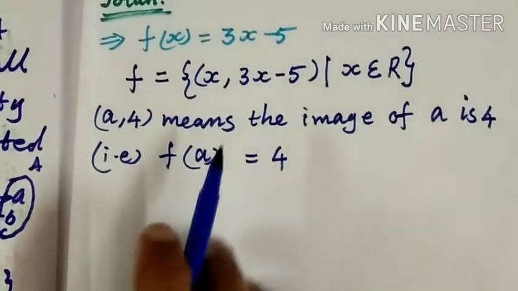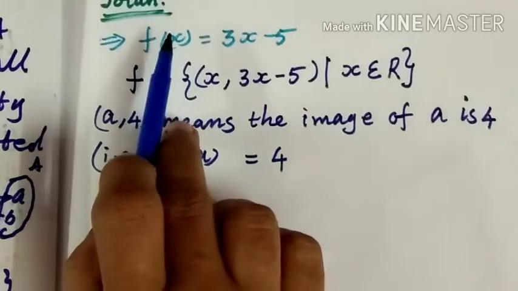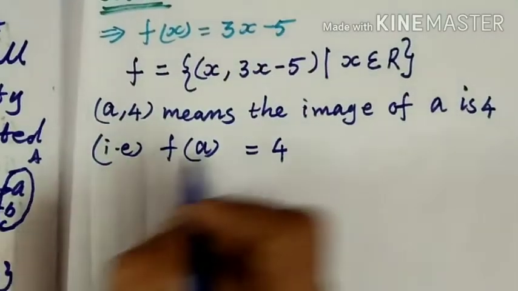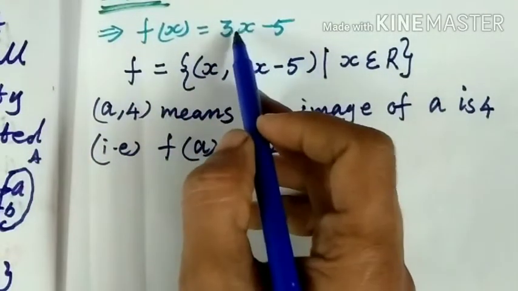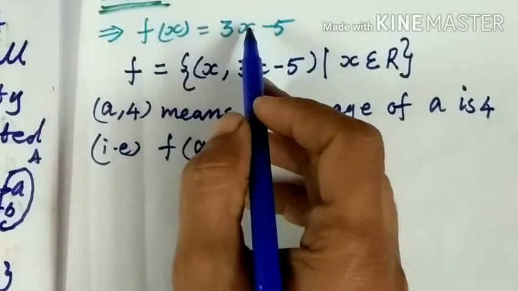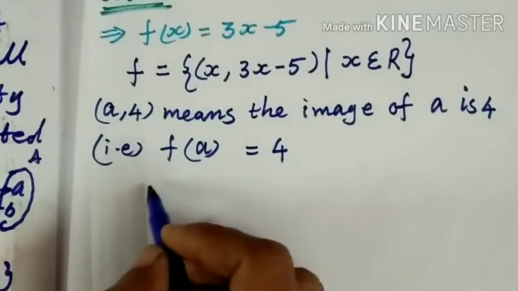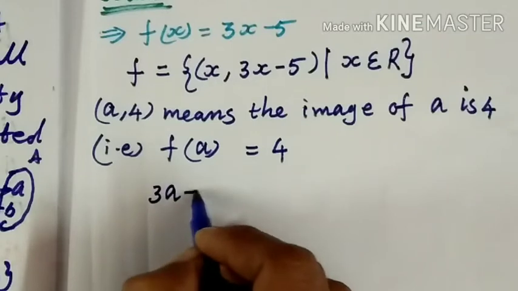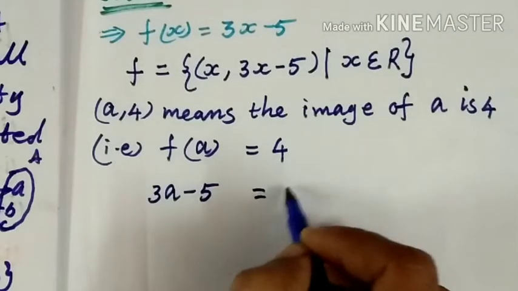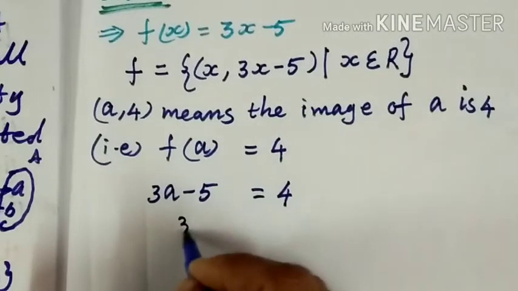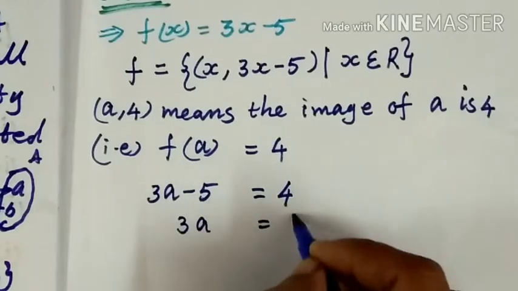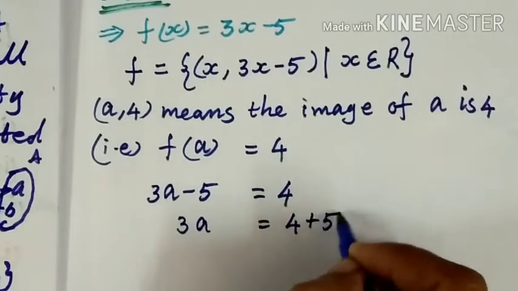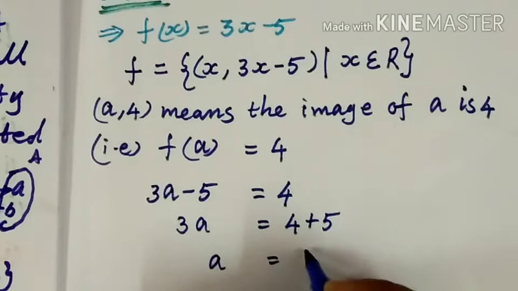Now you apply this a in the given function 3x minus 5. Instead of x you apply a, that is 3a minus 5 equal to 4. Then 3a equal to 4 plus 5, therefore a equal to 9 by 3.